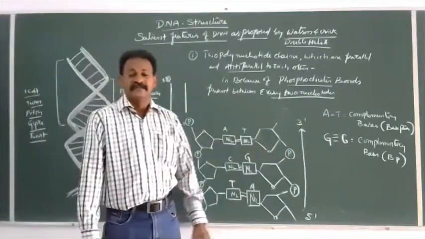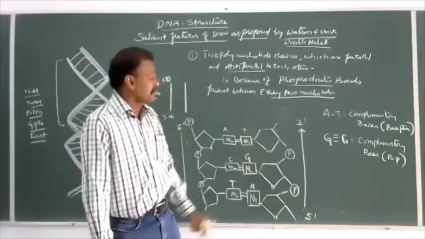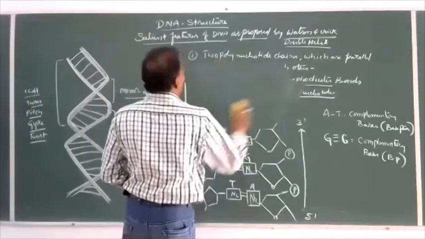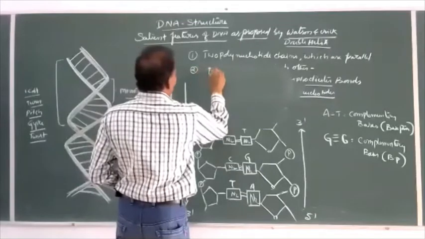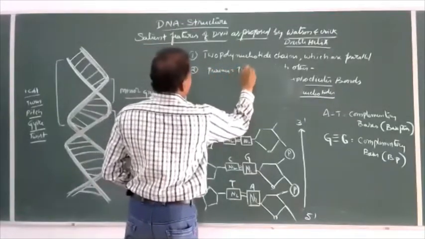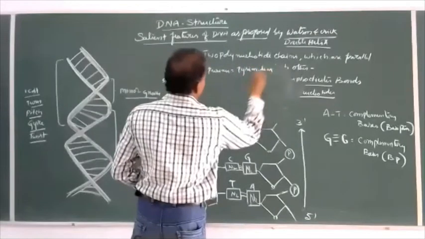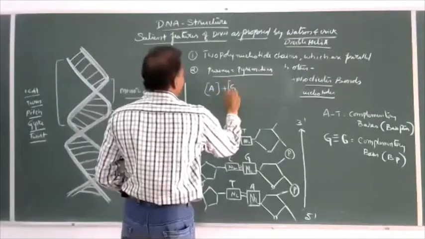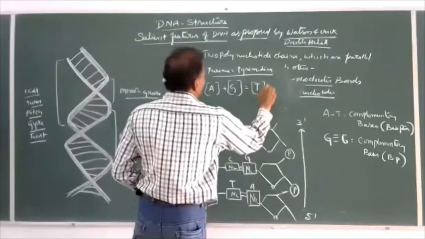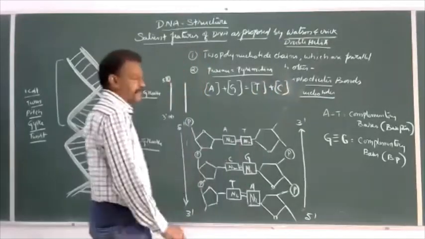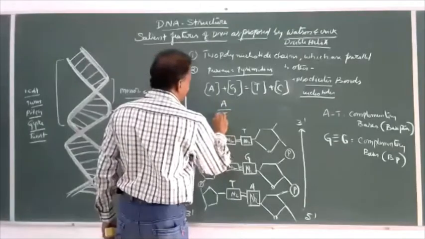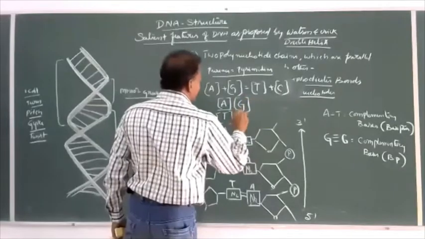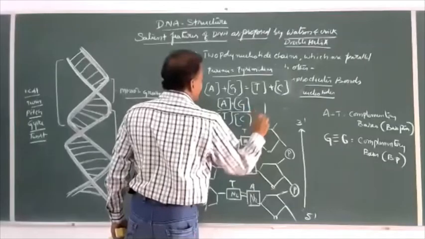It is because of Chargaff's chemical analysis. Chargaff's analysis says that in the DNA molecule, the amount of purines is equal to the amount of pyrimidines. The amount of purines, A plus G, is equal to T plus C. A by T and G by C equals 1.